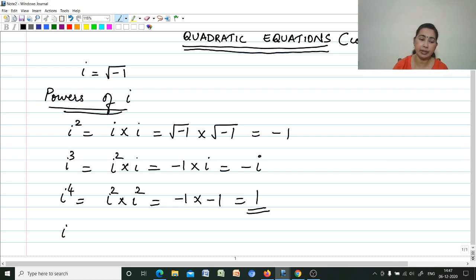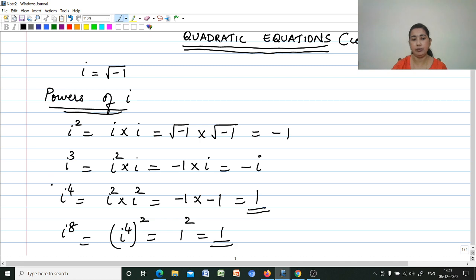What will be i raised to 8? i raised to 8 means i raised to 4, whole square. i raised to 4 we know is 1, so 1 square is again equal to 1 itself. So, we can say that i raised to 4 raised to any power will be 1.